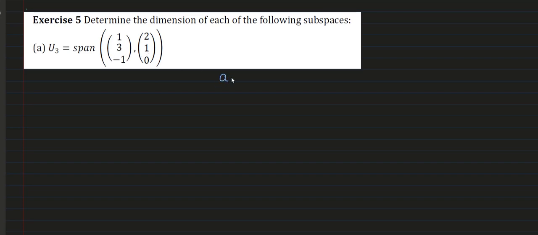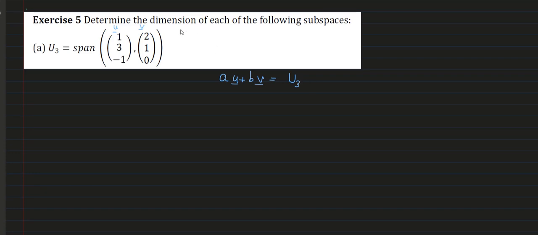And linear combination means that we have a times the first vector plus b times the second vector. If I call that u and that is v, right? It will be equal to what? To U3, the set U3. It's all possible linear combinations. This is the description of the span set.